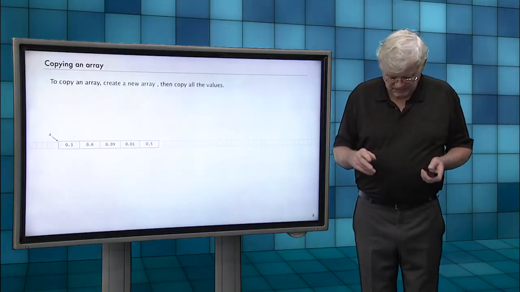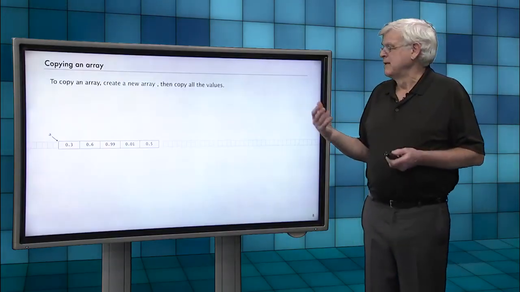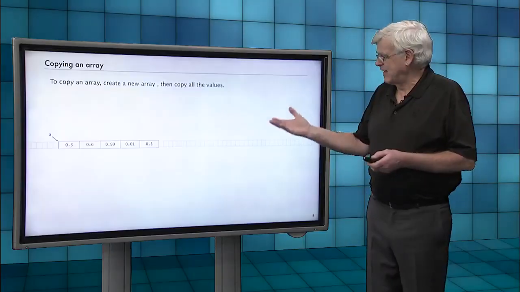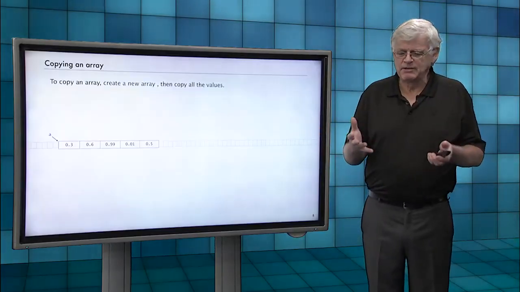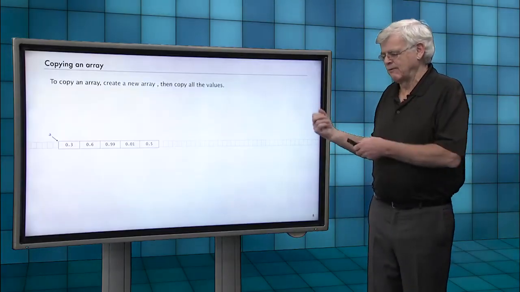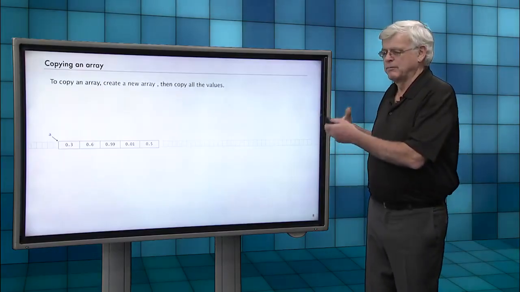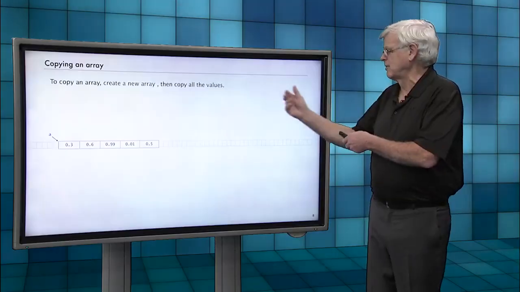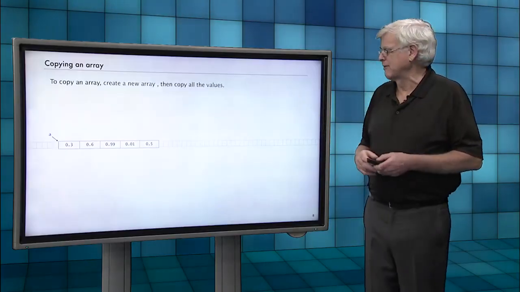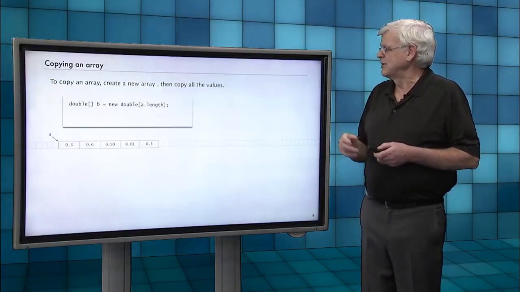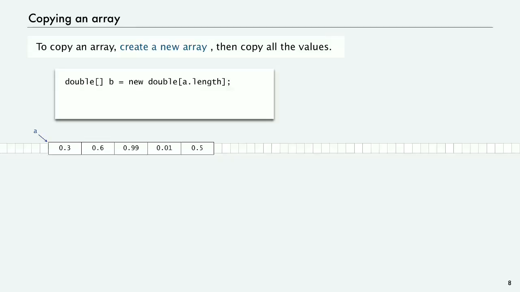Now let's talk about this idea of copying an array. If we have an array that's got some values in it, and maybe we need a copy of that array because we're going to perform some operation on it, but we still are going to need the original values later on, what you need to do is create a new array. So in this case, we create a new array b. We declare that it's going to be an array of doubles, and then on the right-hand side of the equal sign, we create a new one.